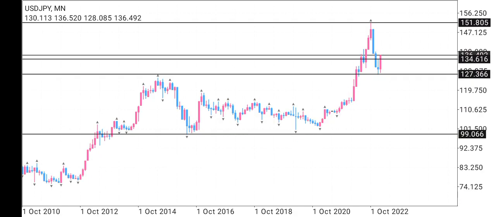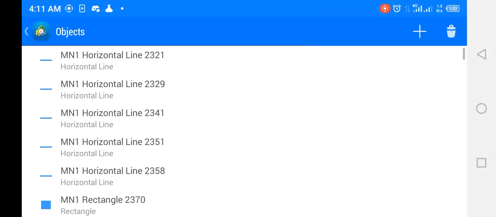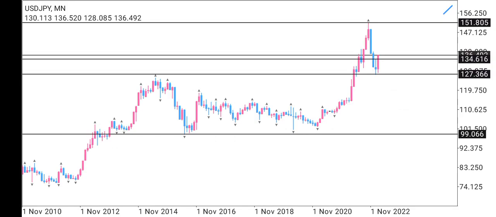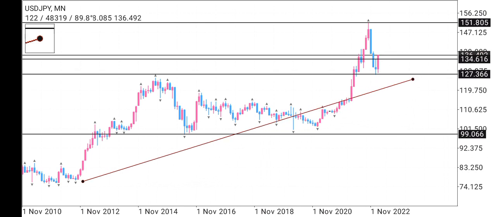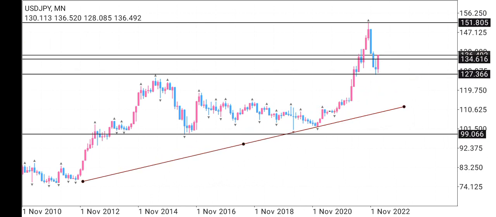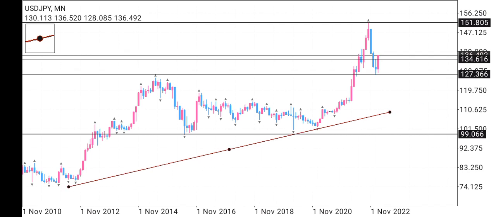I mark it out on the monthly, because I use monthly to know the direction, my overall move of the pair.